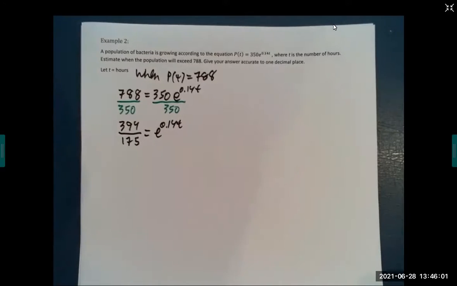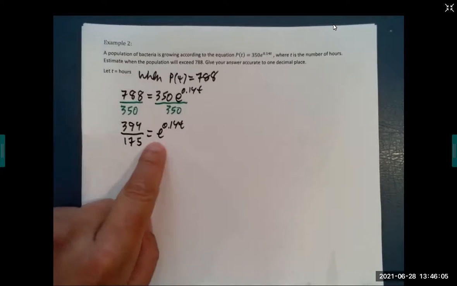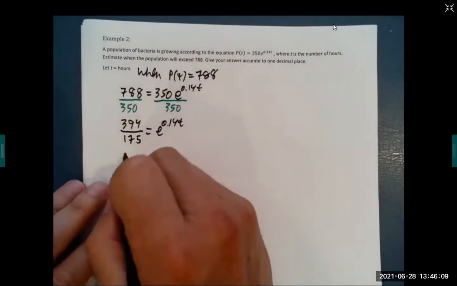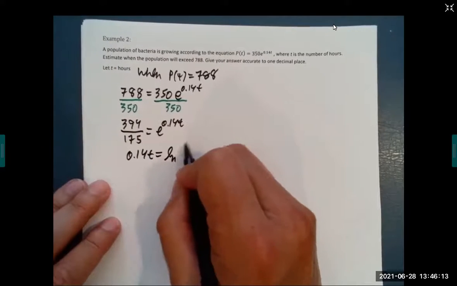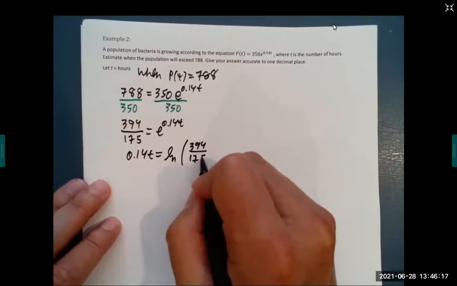All right, I'm going to convert this from exponential form into logarithmic form using the natural log because I have base e here. This means that 0.14t is equal to the ln of 394 over 175.